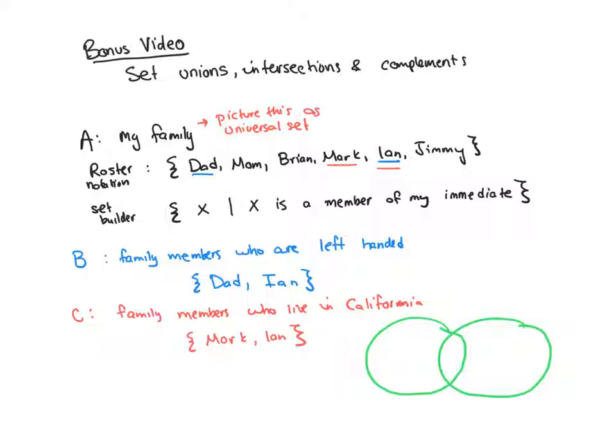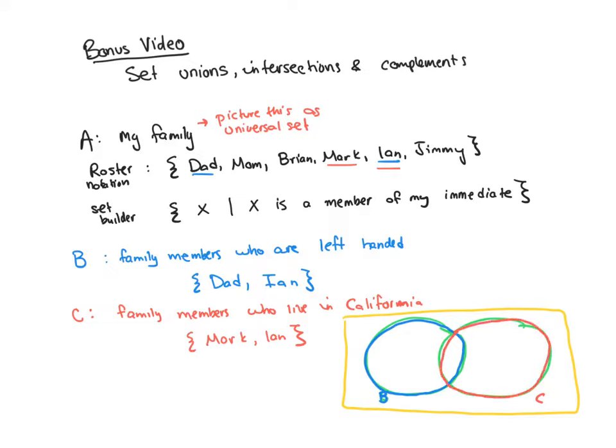That's going to be my U. That's everything in the box. And then I can start putting people in the sets. We'll have this one be the set B. Let's keep colors consistent. So this will be set B here. This will be set C here.